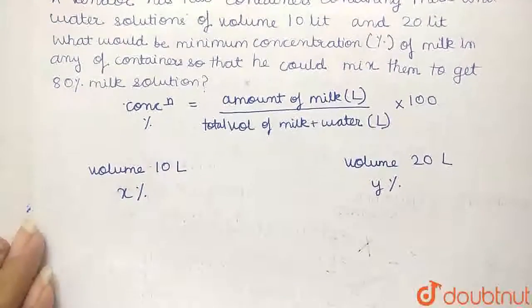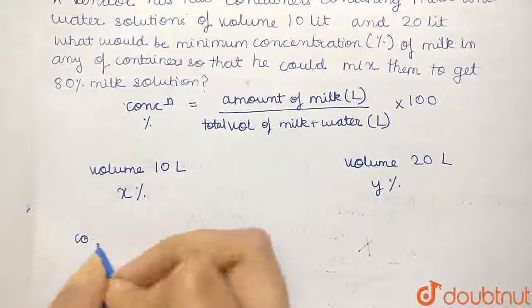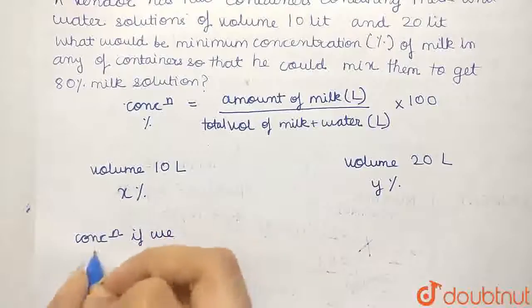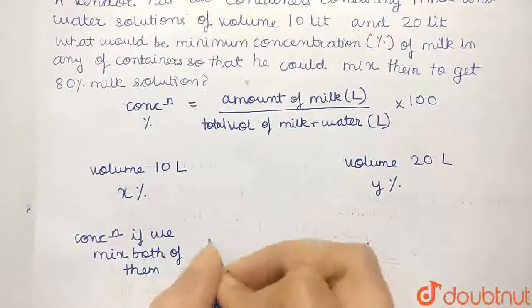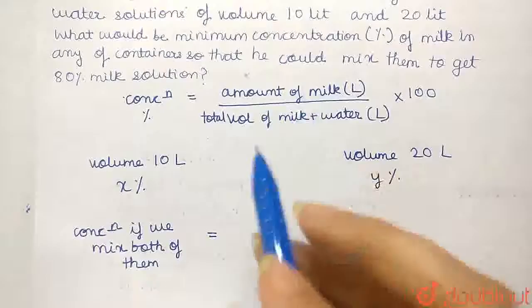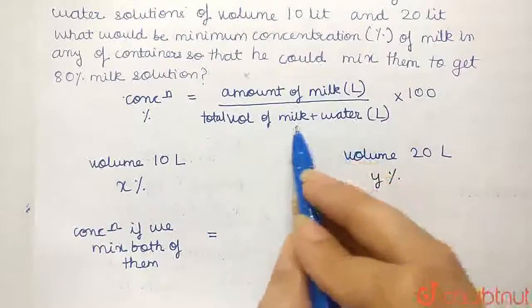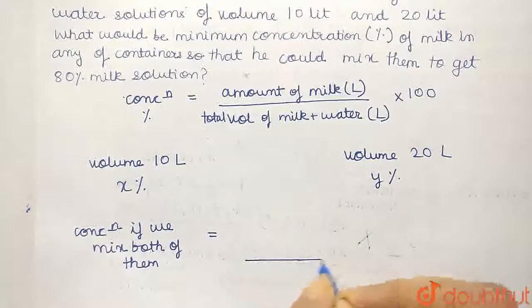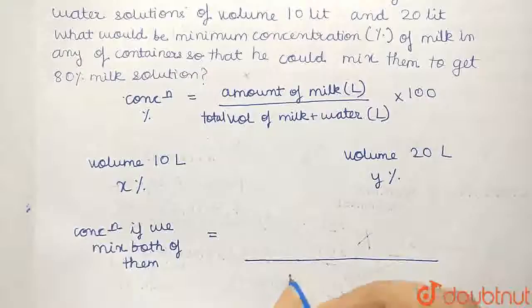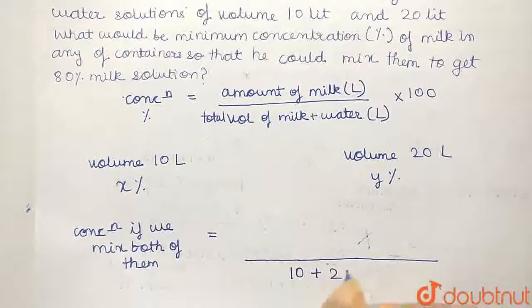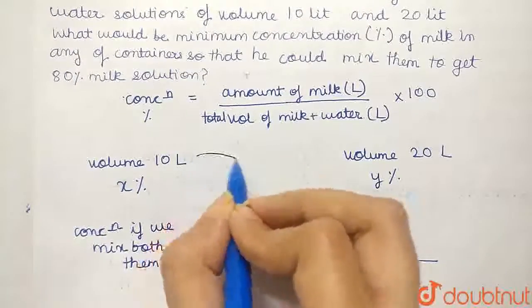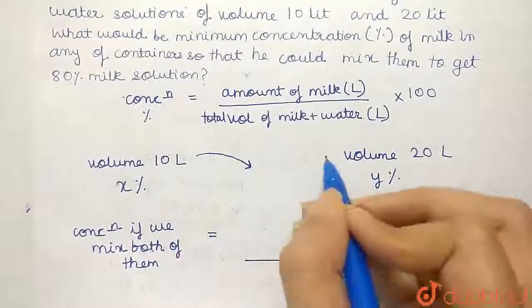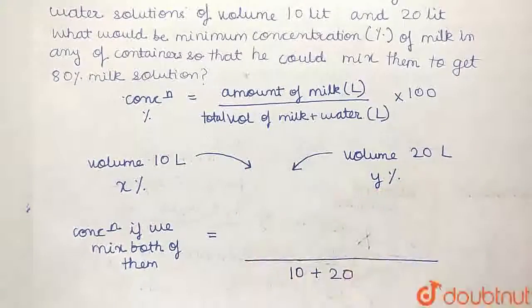So the concentration of the resultant, if we mix both of them, should be equal to the total amount of milk divided by the total volume of milk plus water solution. When we are mixing, the total volume will easily become 10 plus 20, since we are getting 10 liter from one and 20 liter from the other.